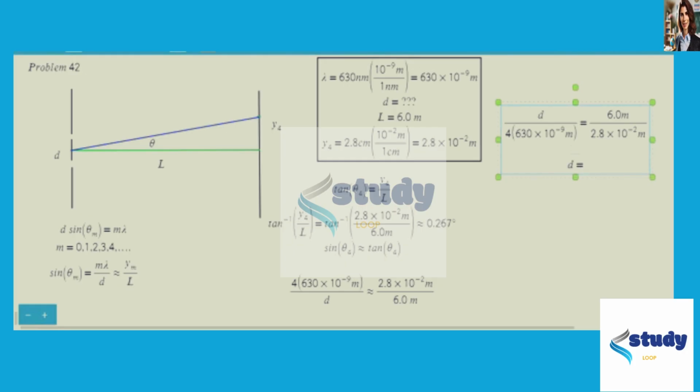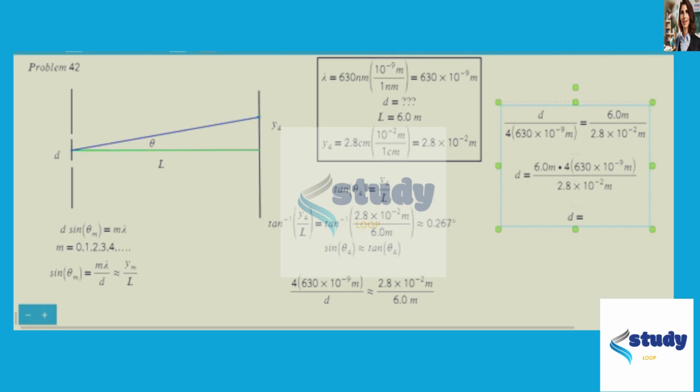So D is going to be equal to, and let's multiply that by this quantity. There we go. Meters cancels out with meters here, but then we have 1 meter remaining.